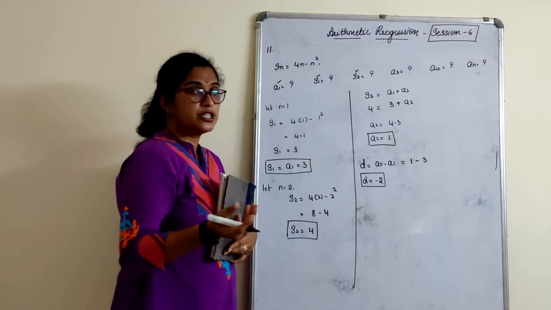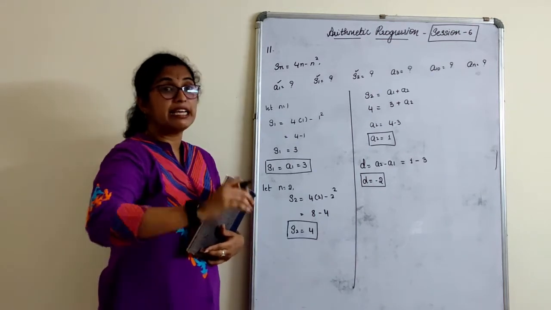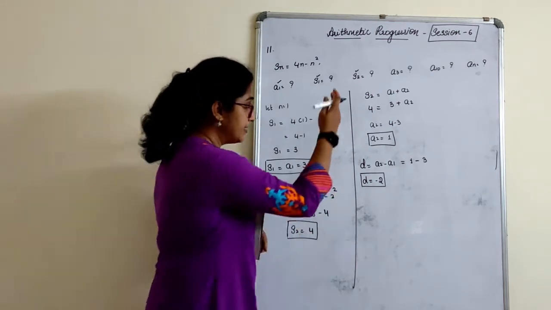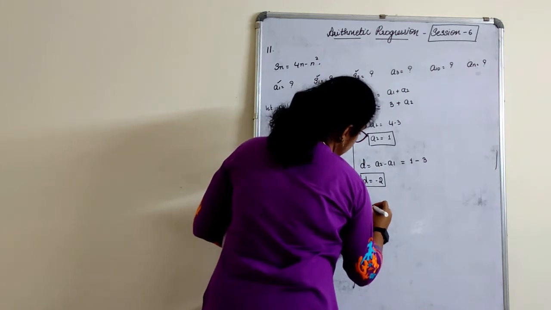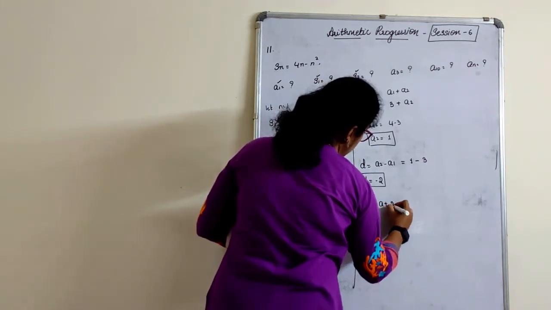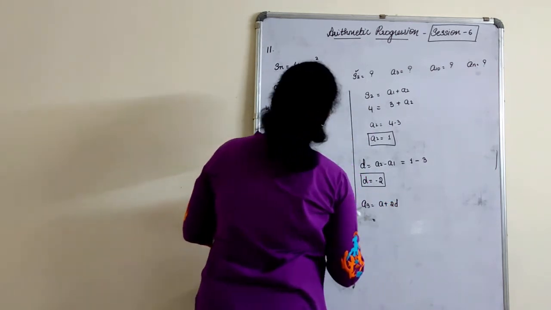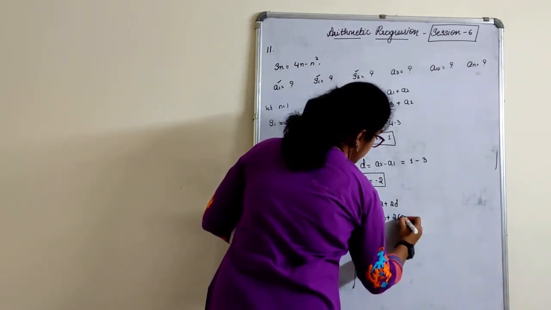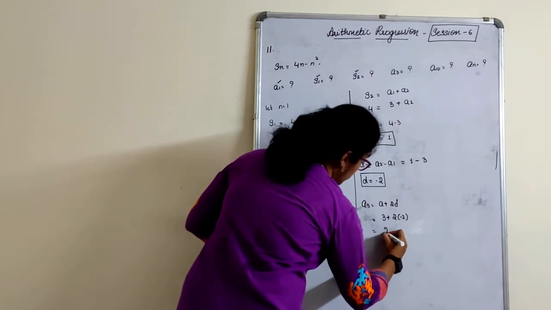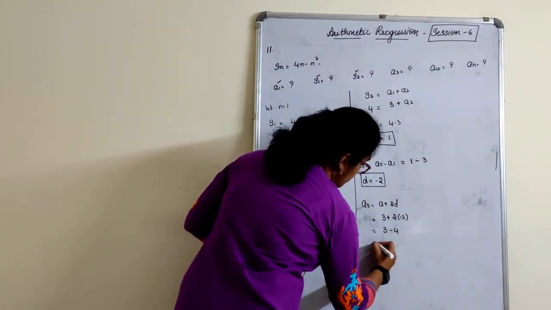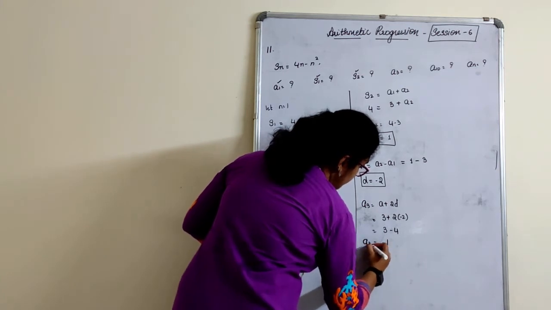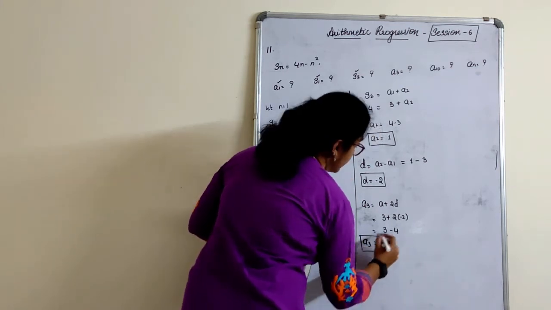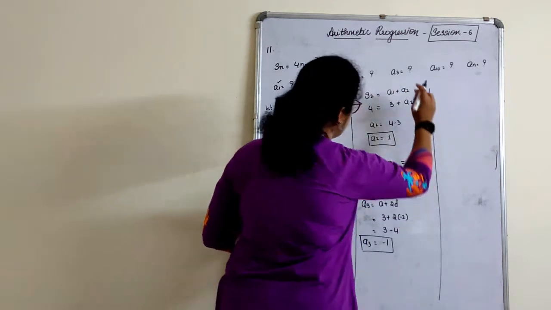Now, first term is known, common difference is known, any given number of terms you can find. Find now. A3 is equal to a plus 2d. a is what? 3 plus 2 into minus 2. 3 minus 4, minus 1. A3 is minus 1. Next, what have they asked?